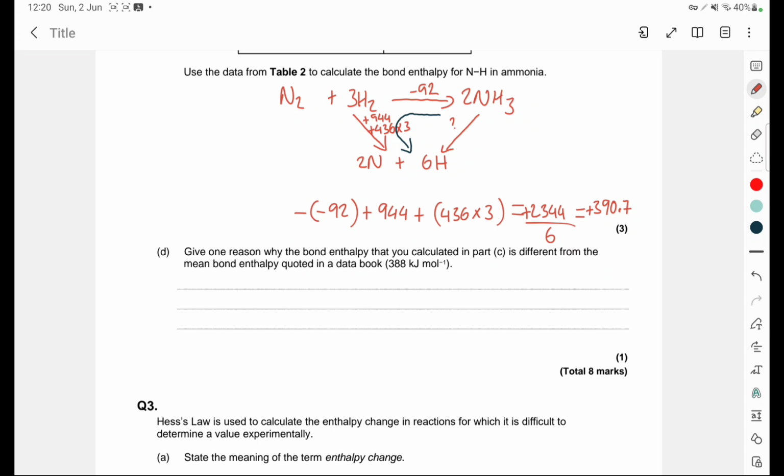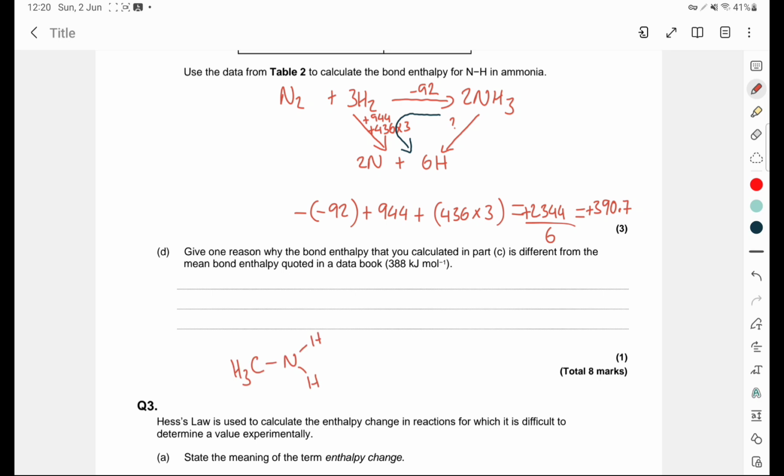So question 2D wants you to explain why the value you've just calculated there is different from the mean bond enthalpy quoted in the data book. Now, the thing that's important to note is that the environment that a bond is in affects its bond strength. So the nitrogen-hydrogen bond in ammonia is going to be different to the nitrogen-hydrogen bond in, say, an amine, such as this.